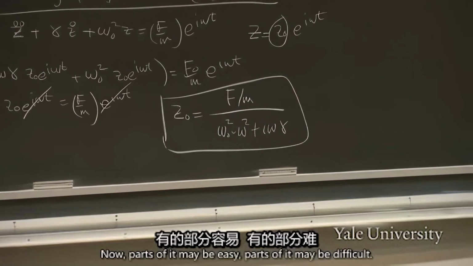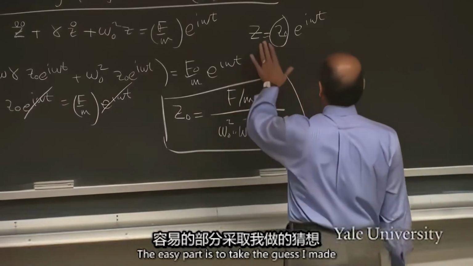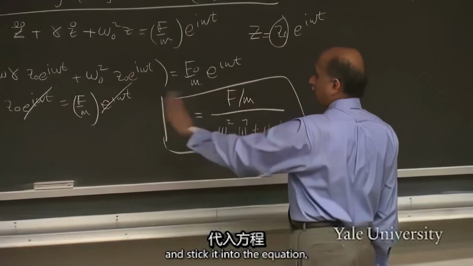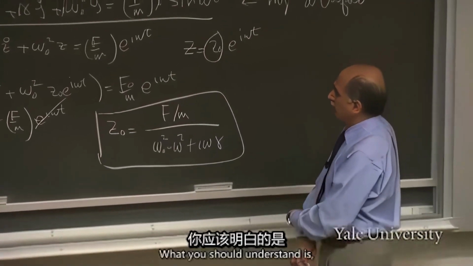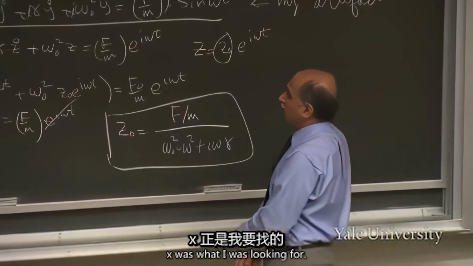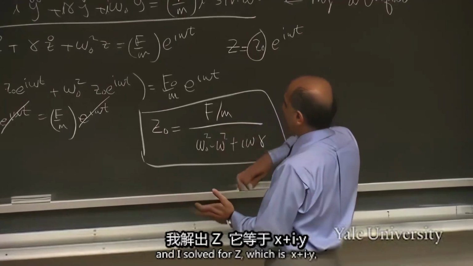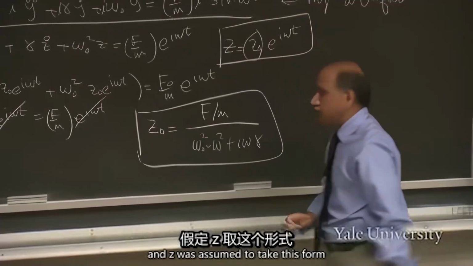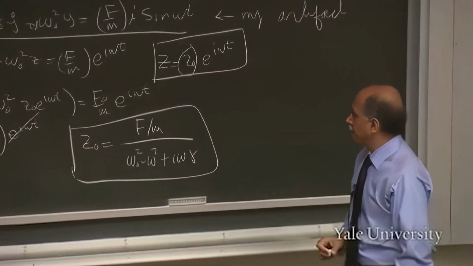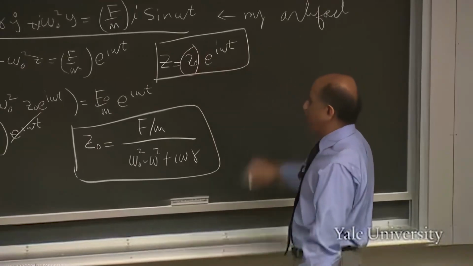Now, parts of it may be easy, parts of it may be difficult. The easy part is to take the guess I made and stick it in the equation, cancel exponentials, and get the answer. What you should understand is x was what I was looking for. I brought in a partner y, and I solved for z, which is x plus iy, and z was assumed to take this form, with the amplitude, which itself could be complex, times e to the i omega t.